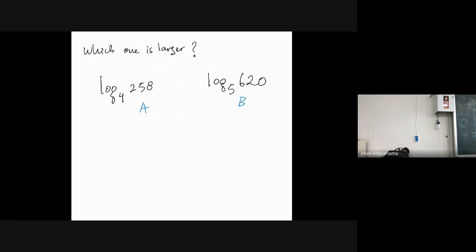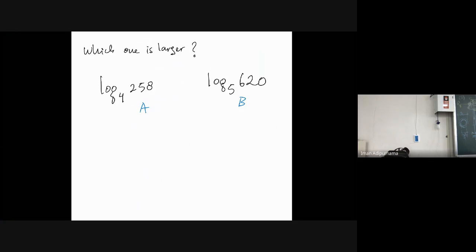The idea is not to calculate this number directly. Do you understand the question? I think you can have several ways to prove it. If you can calculate without a calculator, you get the near one, right?